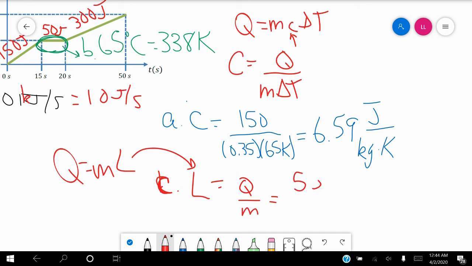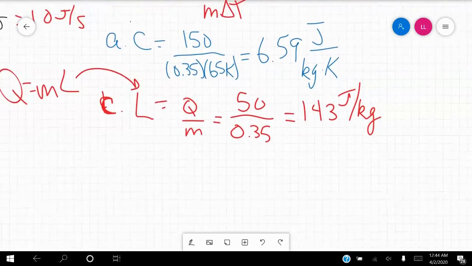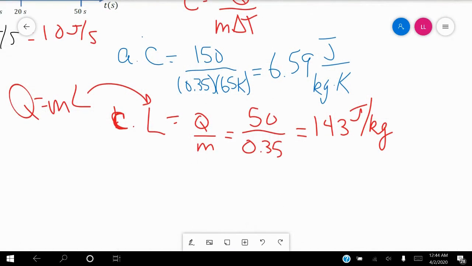So we added 50 joules, and again, we have 0.35, to find a latent heat of 143 joules per kilogram. And that's very typical, you'll see that number will be higher than the specific heat. It takes more heat to change the phase than it does to actually do a temperature change.